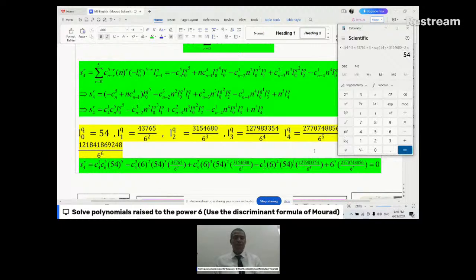Times what, learners? Times this one, times S3. S3 means 127,983,354.